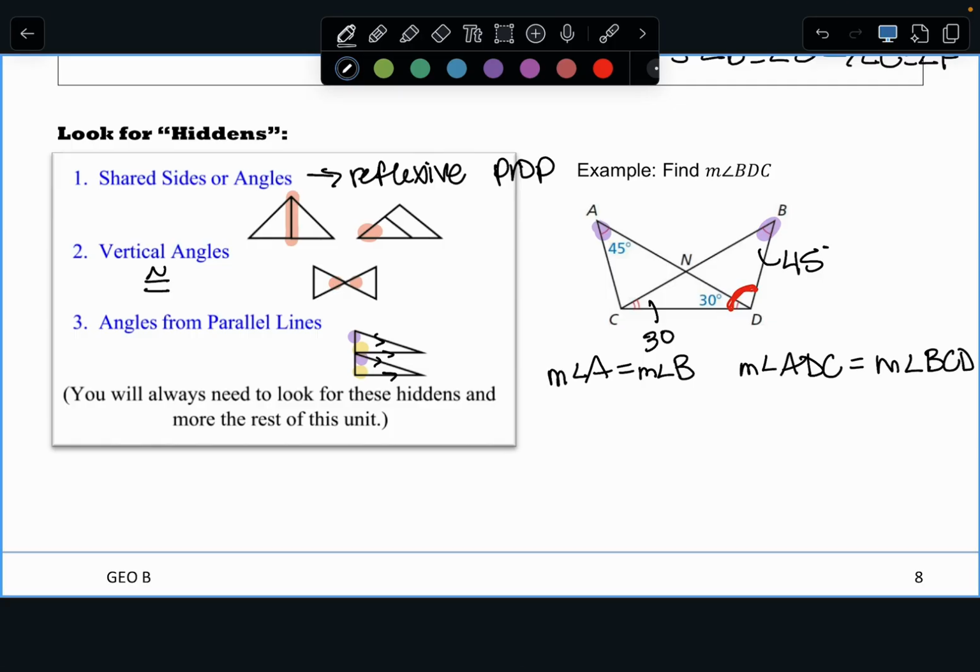That's the bottom 2. Now, if I look just at the triangle on the right, triangle BCD, the only thing that I'm missing angle-wise is the angle that I need. From the other two angle measures, can I find this angle measure? Yes. How?